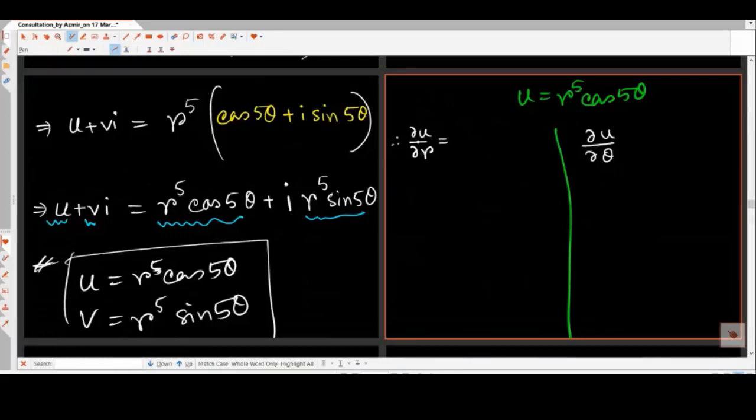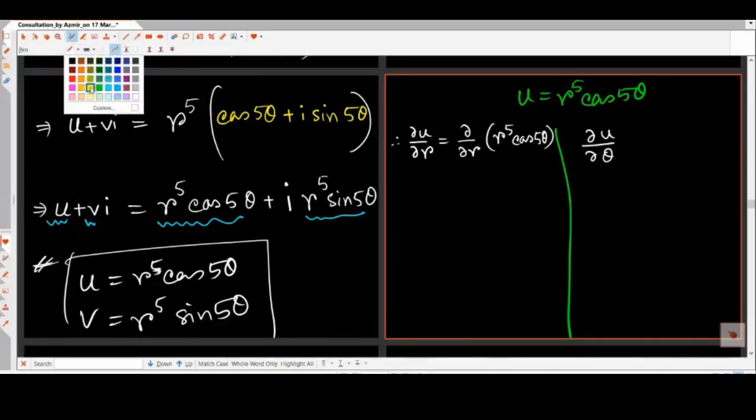So du dr: we are differentiating u, r to the 5 cosine 5 theta, in terms of r. Except r, other variables are constant. So r is variable, but theta will be constant. Since theta is adjacent to 5 theta and we have cosine 5 theta, this whole part is constant, so it can be pulled out.